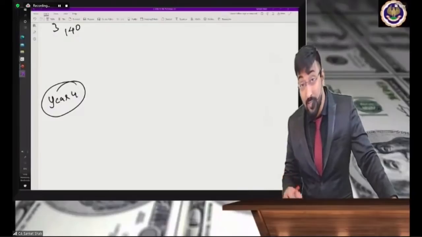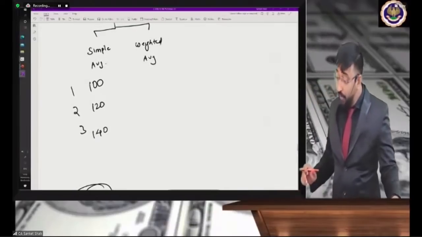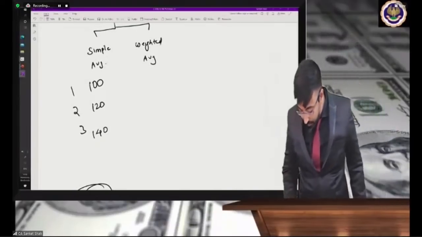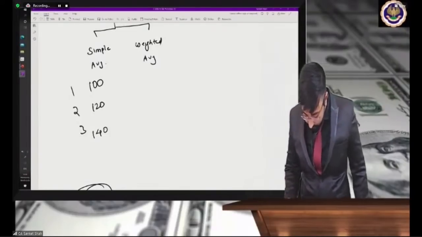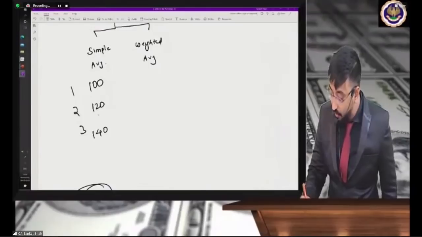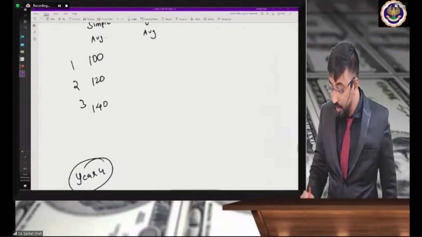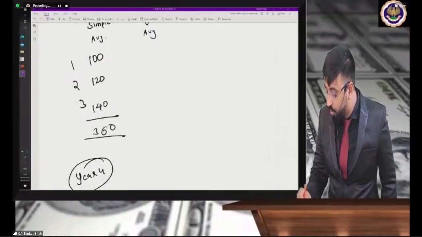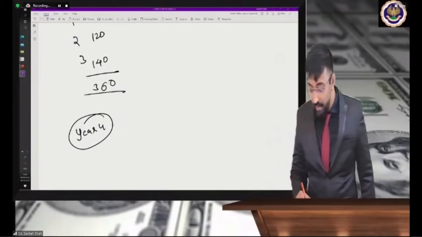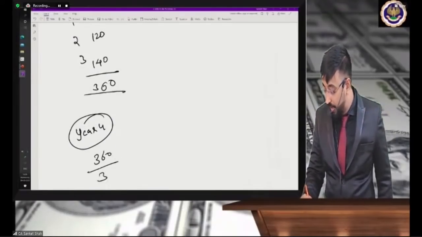You got this concept? So in the past, the business is earning 100, 120, 140. So average. If you take the average of this, you must have been taught average in mathematics. So average profit is 120.